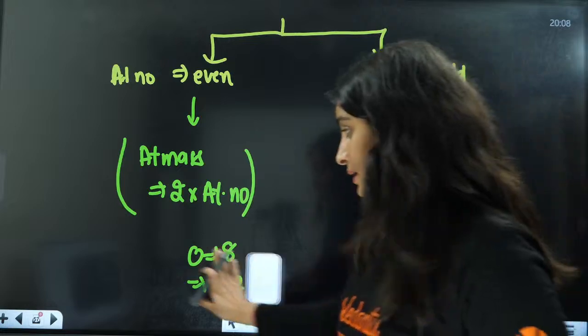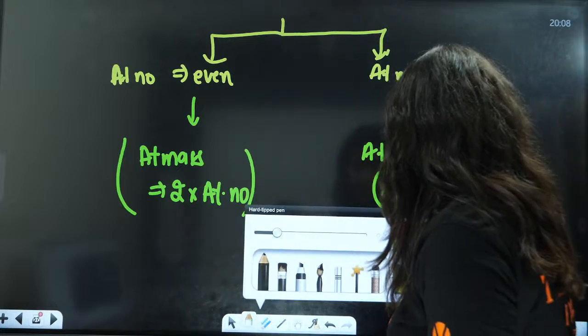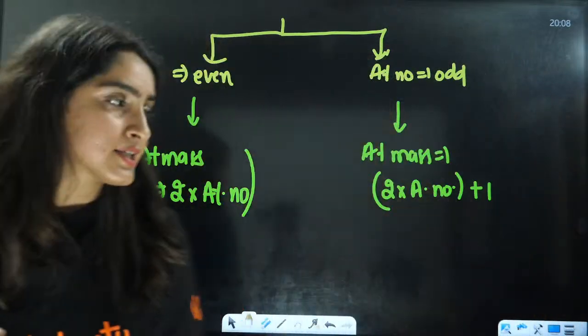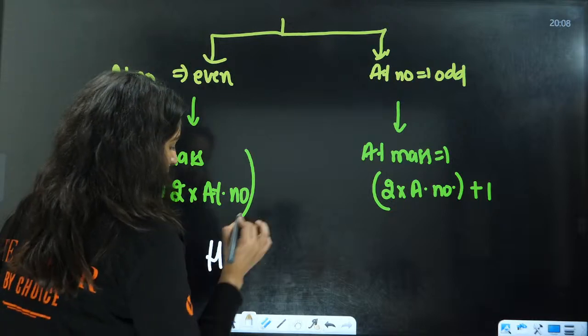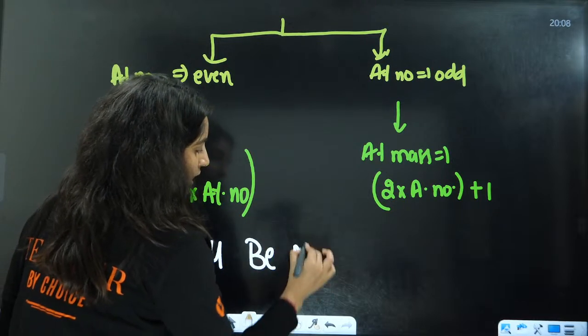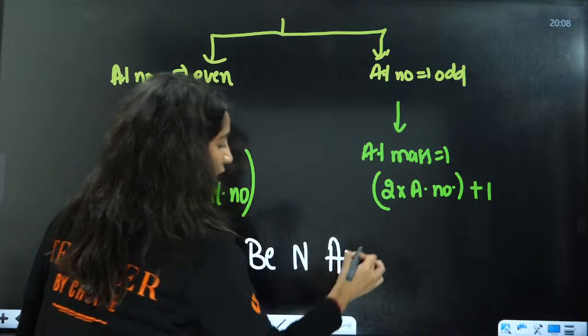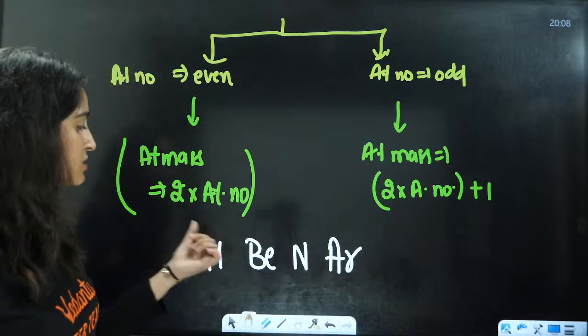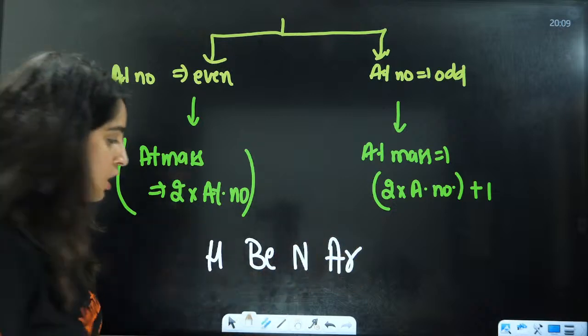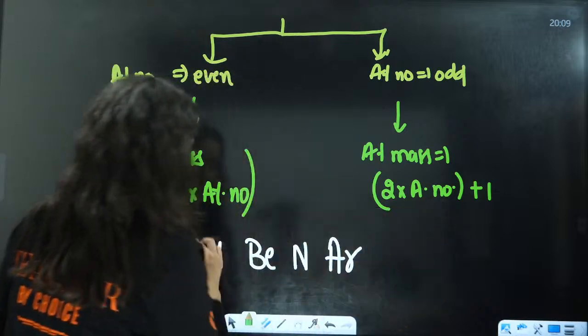But the exceptions here are Hey Bunny Argon, that means hydrogen, beryllium, nitrogen, argon. So these are the exceptions here.